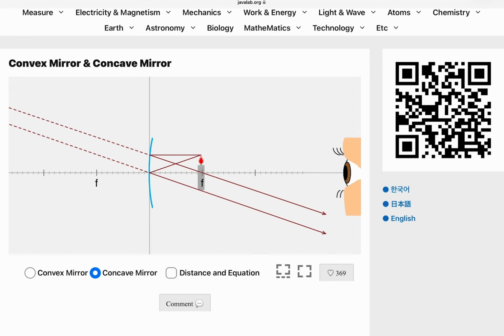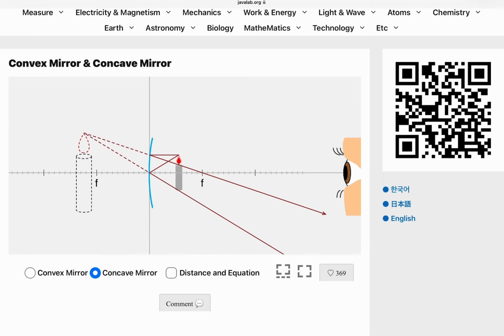They do not converge. Remember, when light rays are not converging, they're not going to form any image in concave mirrors. When the object is placed behind the focal point, then this time we're going to have a virtual image with a magnification greater than 1.